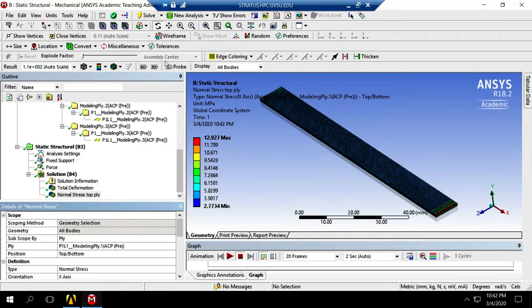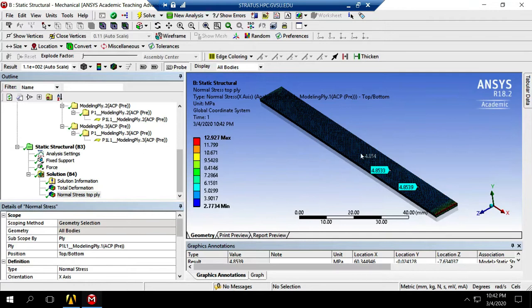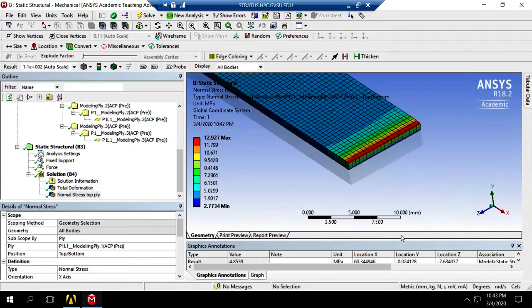So by probing, you guys can see how much the stress is. You see it's quite consistent along x direction, and I can zoom on that region. See here I have edge effects. This is where I am applying my load. So let's look at the stresses here.